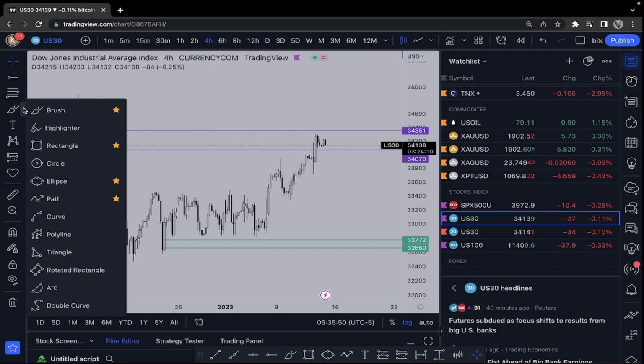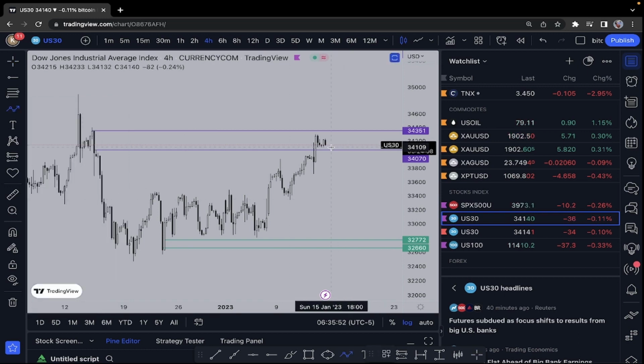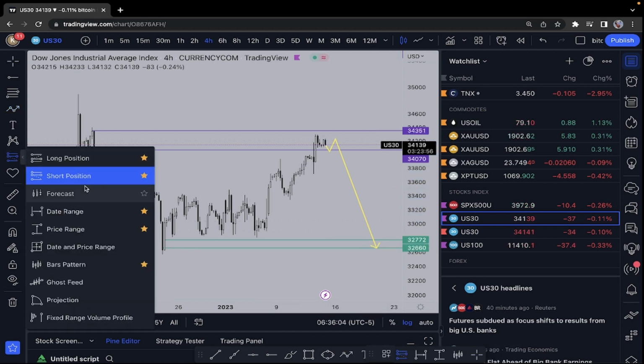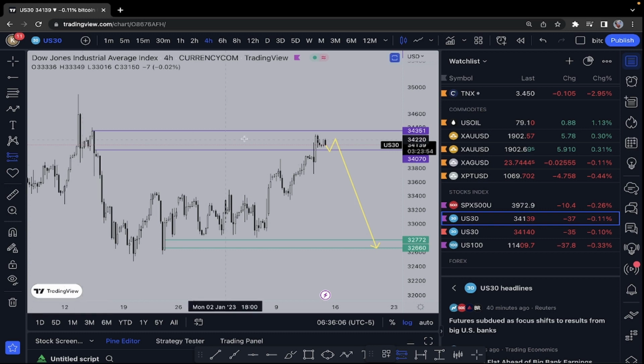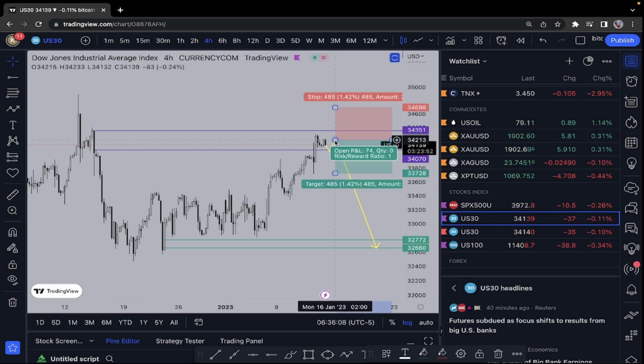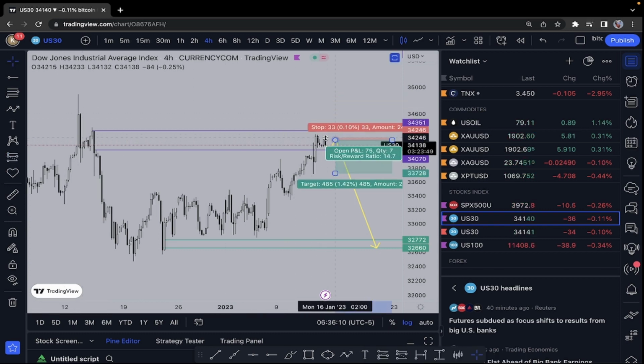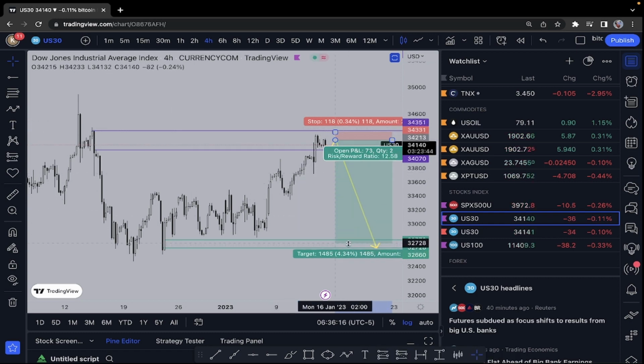Expecting price to run this low, pull back a little bit or somewhat, and then find this region right here. How would I set this trade up? Short there, stops there, or at the end of the range, and take profit right there.